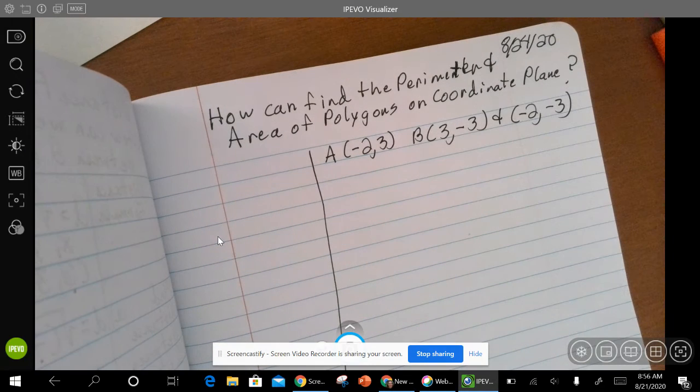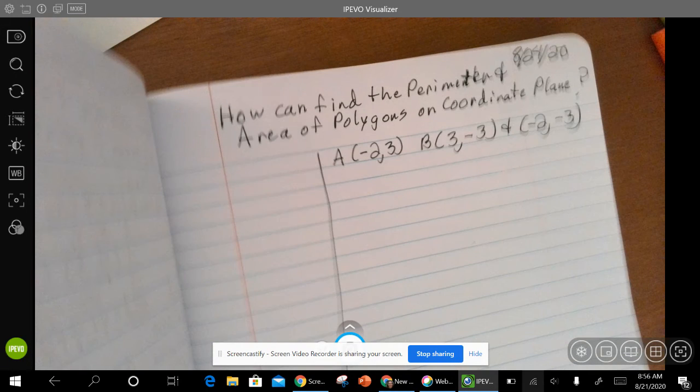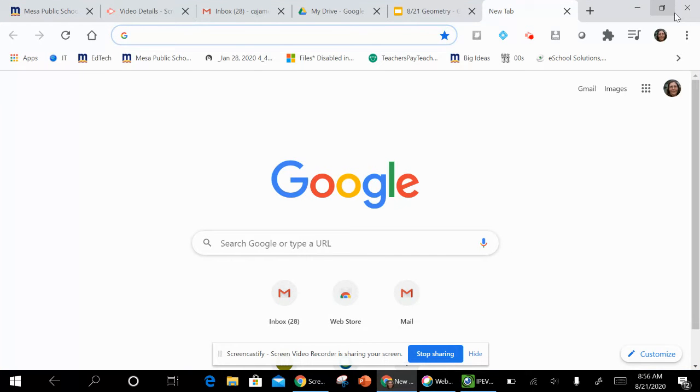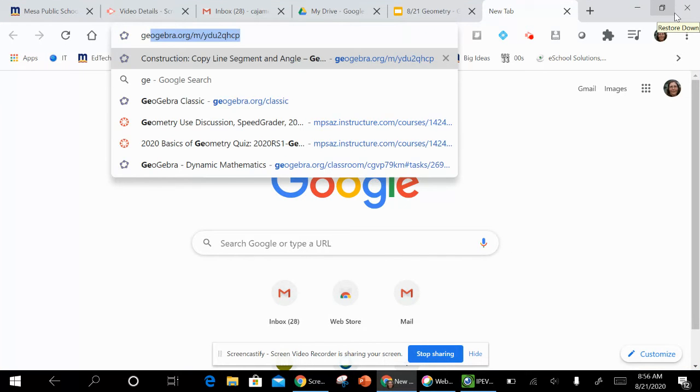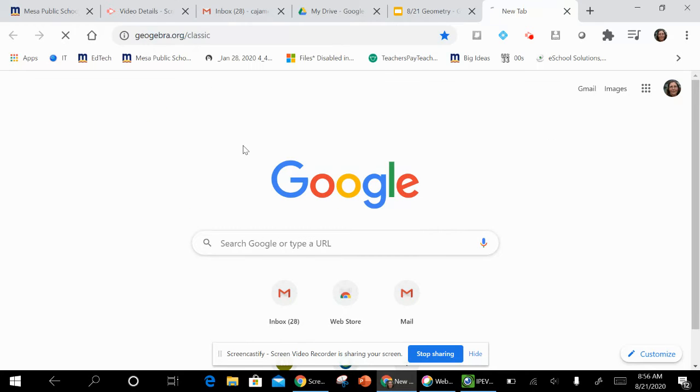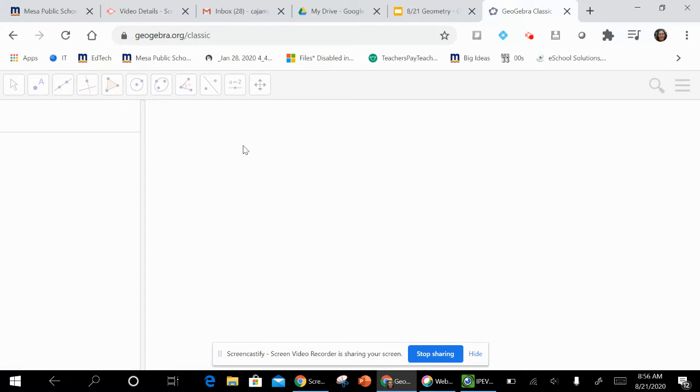Okay, so I'm going to show you everybody using this on GeoGebra. I'm going to do the GeoGebra Classic, and we're going to put those points on there. And this will also help you with your basics of geometry project.